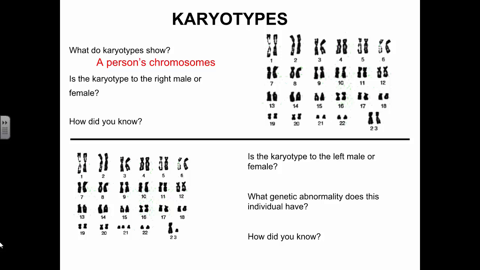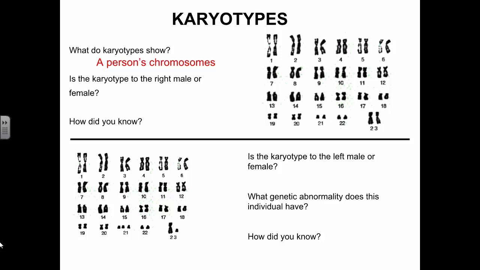Is the person male or female? Look at the 23rd pair. Remember we said Y is really short, so are those the same size or different size? Same size. So they're both X's.